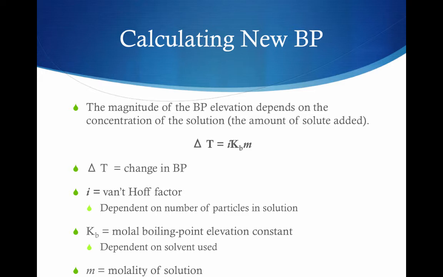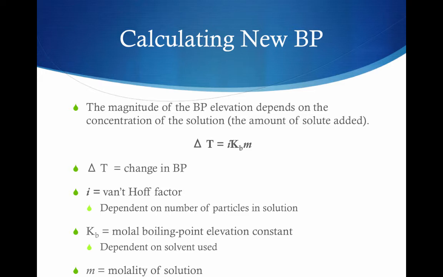Kb is the molal boiling point elevation constant. This is unique to the solvent used, and you'll be given this constant. And finally, small cursive m, you may recall, is the molality of the solution. You might want to consider why we use molality here instead of molarity.